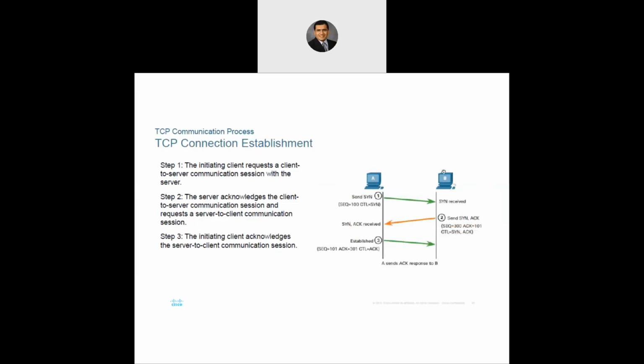Then the destination sends another synchronize message along with an acknowledgement for the first one. Once that is received, the source sends an acknowledgement to say, hey, now the link is done. This is how a TCP connection is established, a three-way handshake.